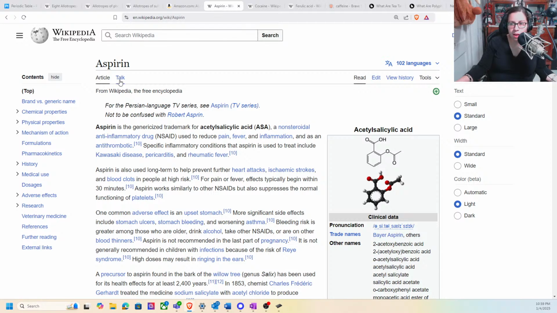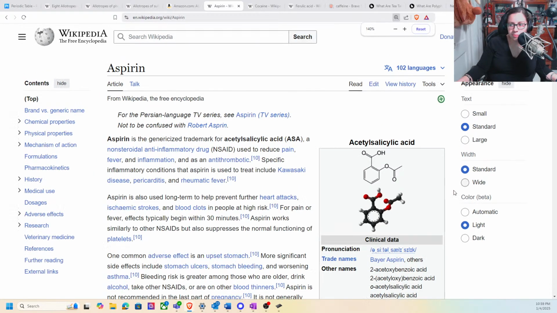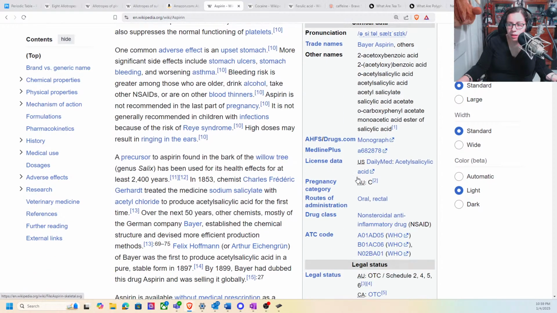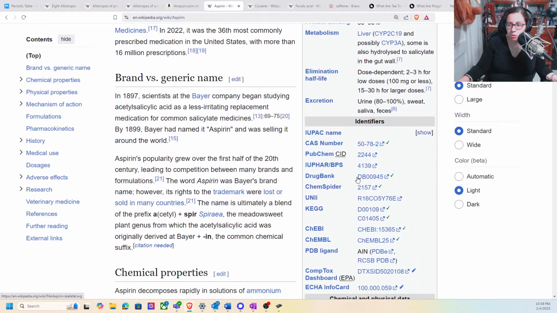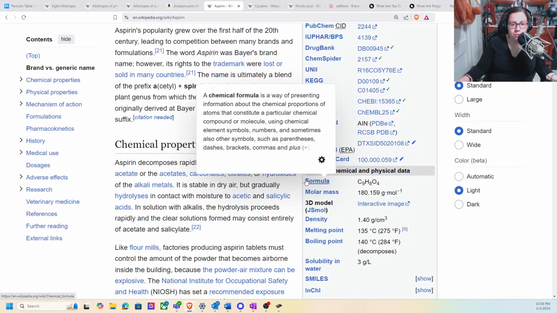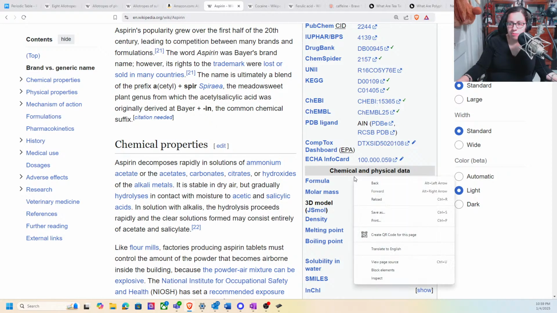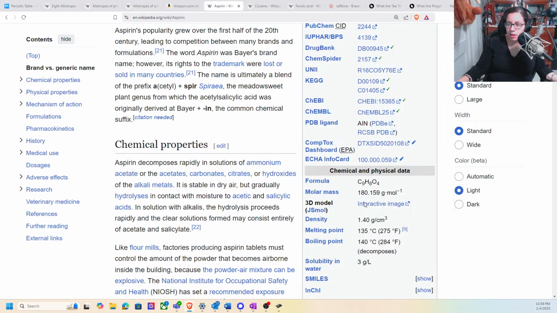So here is aspirin. The point that we want to make is we can look up aspirin, and it has a molecular structure here. And we can scroll down. Formula, right? Defined chemical formula. And so its formula is C9H8O4.